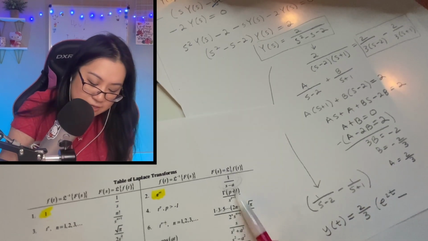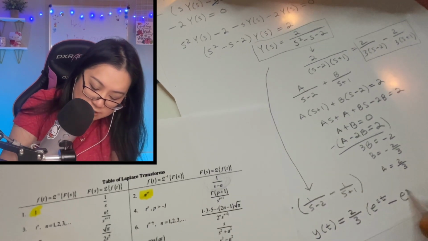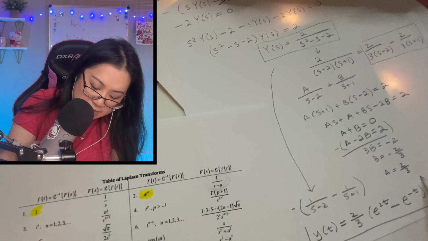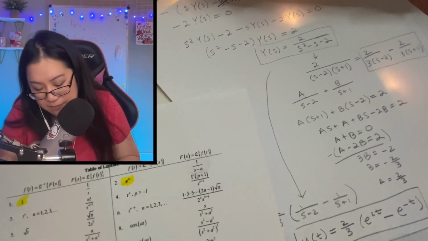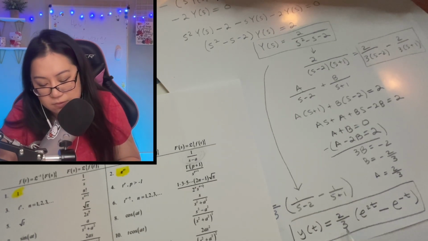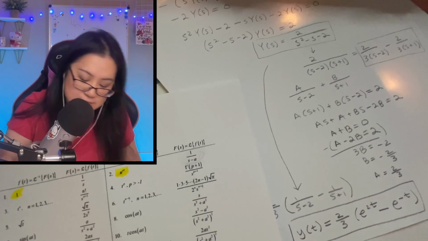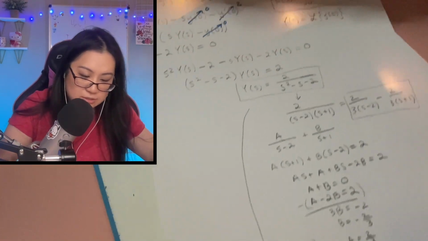So a is negative 1 here, so it's e to the negative 1t, or just e to the negative t. So this is my final function. Y of t equals 2/3 times e to the 2t minus e to the negative t. And that would be my answer to this question.